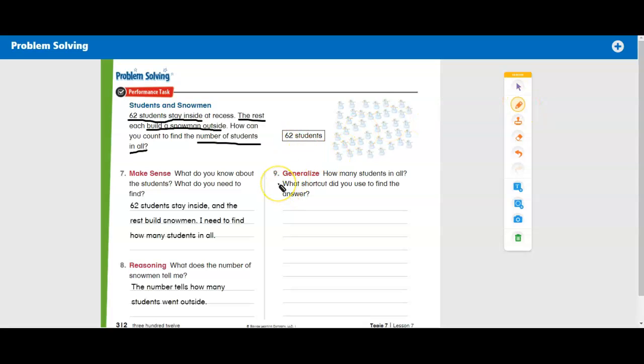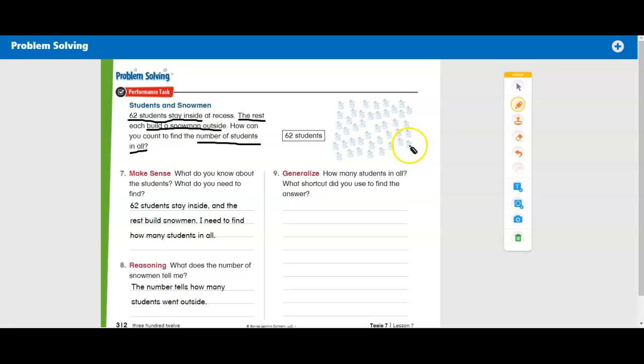Now for number 9, you can do this a few different ways. Some people will count by 2s, 5s, or 10s. The strategy that I am going to use is counting by 10s. If you would like to use a different strategy, you absolutely can.